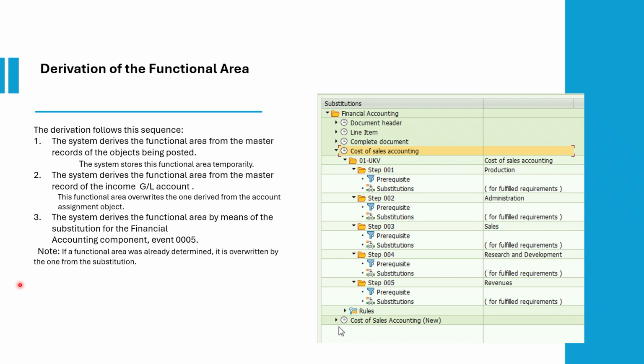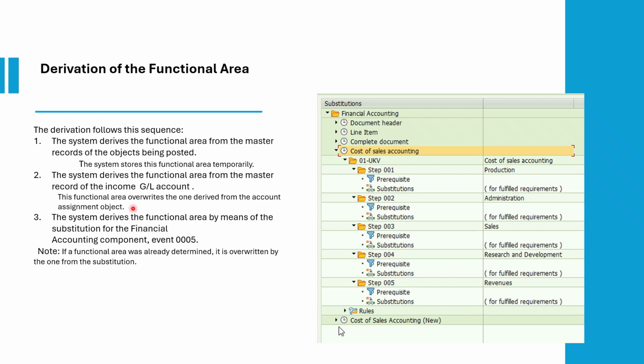When billing happens, whatever functional area was maintained in that income GL account, or in the other case the cost element, will overwrite what was derived from other objects like sales orders and internal orders. So when the GL account comes into the picture, it will be overwritten.